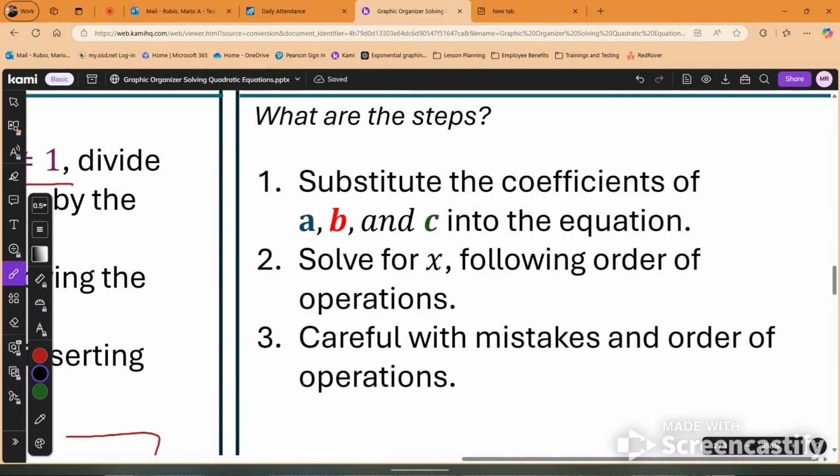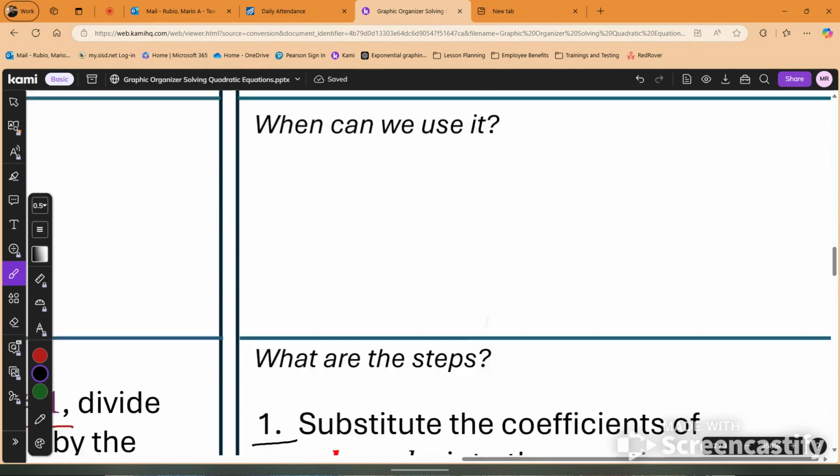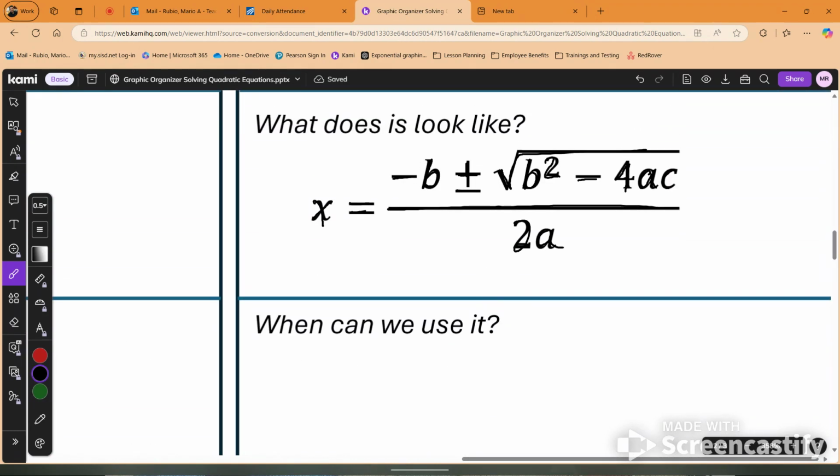What are the steps? Well, the first one is you're going to substitute the coefficients of a, b, and c. So let me go back up here and show you that. We need to add this in. ax squared plus bx plus c equals 0.